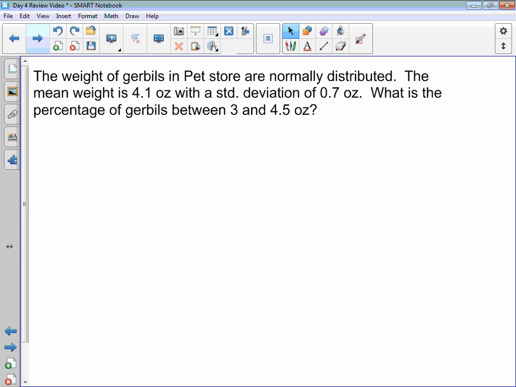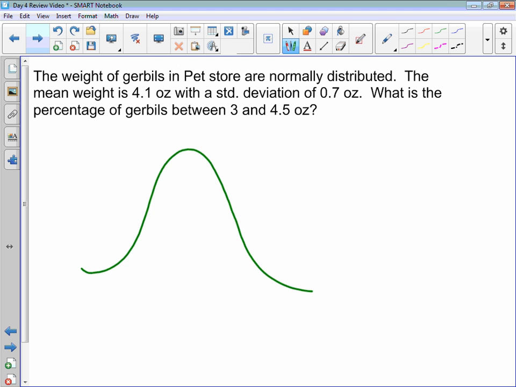All right, you're back. So first rule of any one of these is we want to do a sketch first. So do my normal distribution. All right, so the mean is 4.1. When you draw this, you have to actually put the standard deviations in the right spot, right at that point of inflection.